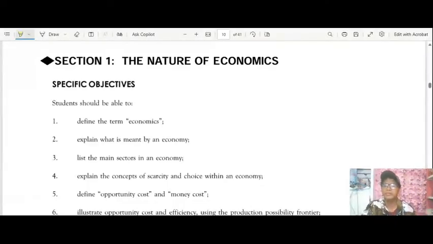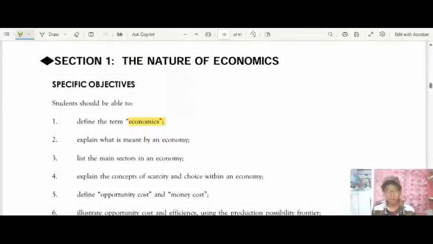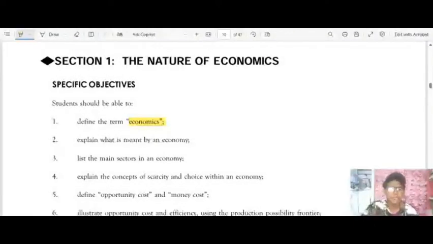So let's start. The first section is economics. Economics is a social science that deals with the study of consumer decisions that occur in life.